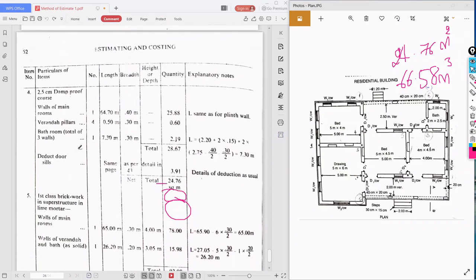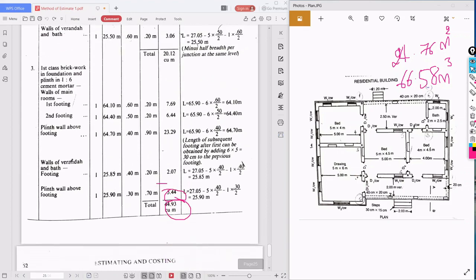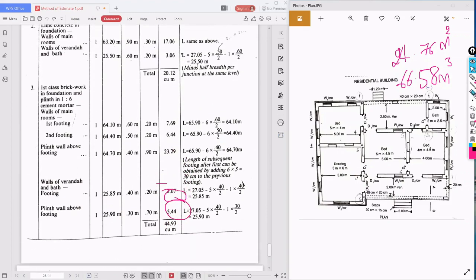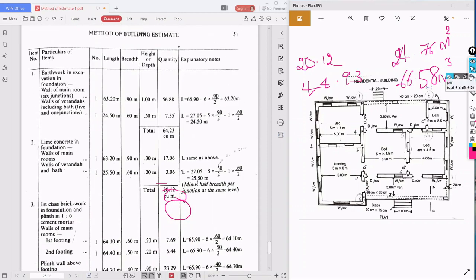Similarly for foundation, first class brickwork up to foundation is 44.93, lime concrete is 20.12, and earthwork and excavation is 64.23. So these are the quantities.